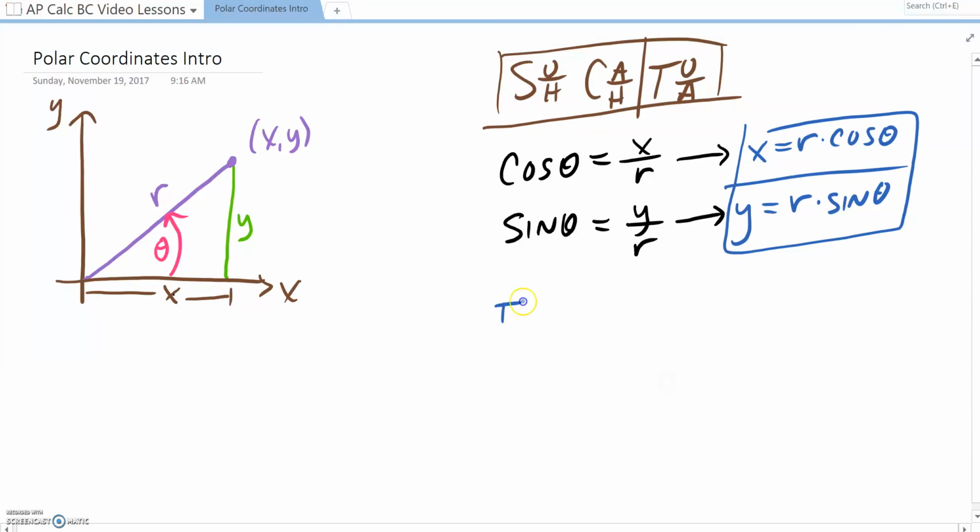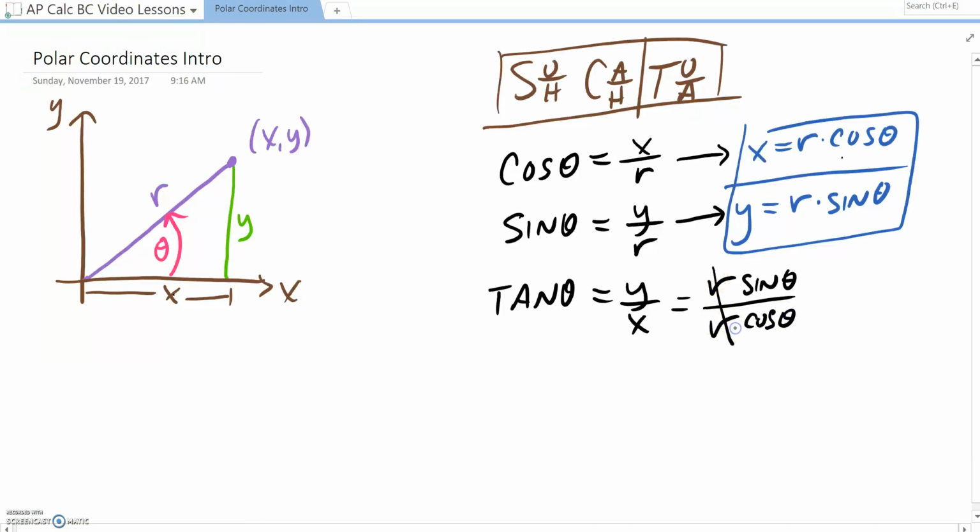The third would be tangent of theta, which would be the opposite over the adjacent, which turns into r sine theta if you were to use a little substitution from this guy and then this guy. So r cosine theta is on the bottom.